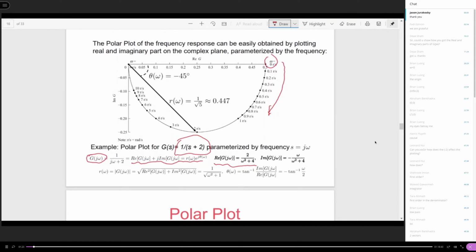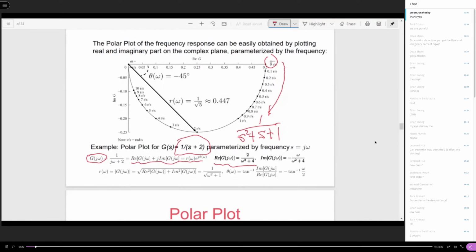You could have different kinds of transfer functions, for example, s squared plus s plus 1. But you follow the same procedure, same definition, then you can always draw the plot, okay?